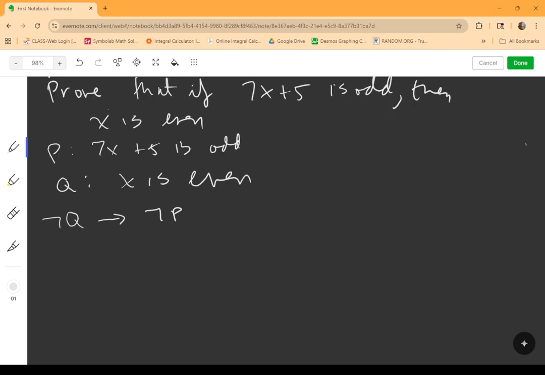So proving one proves the other. So here the statement is: if x is odd, which negates the even part, then 7x plus 5 is even.